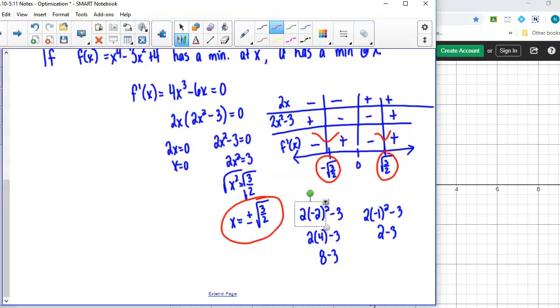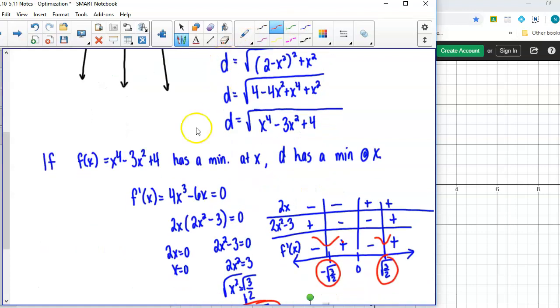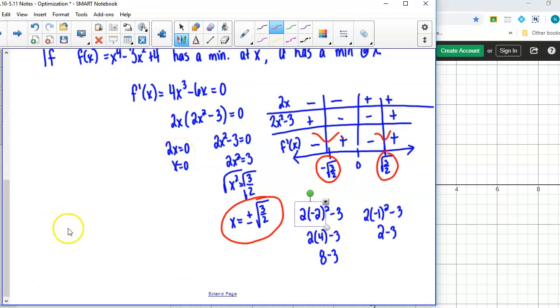So instead of working it all out, to find it, you would have to go back up to the original problem, the D equation, and plug in square root of 3 over 2. I am just going to tell you that your answers end up being square root of 3 over 2, 1.75, and negative square root of 3 over 2, 1.75.